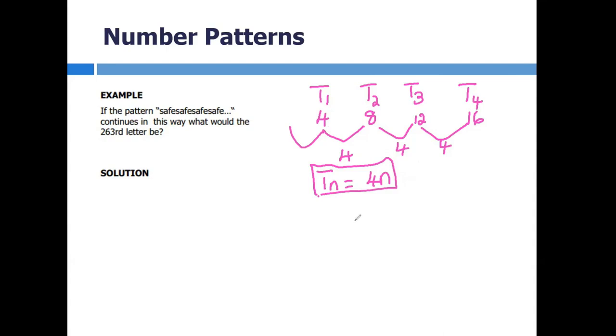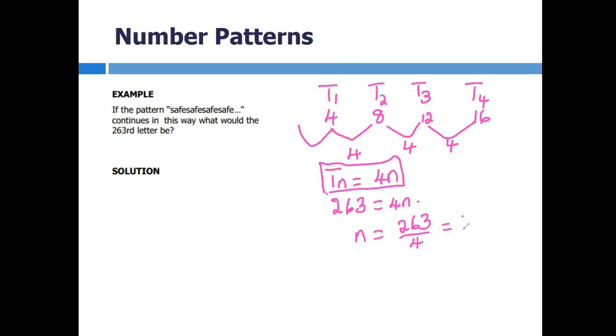Now that we have the general term, what do we do next? We are saying we want the 263rd. So in place of Tn, we put 263. 263 equal to 4n, giving 65.75. So then what does that mean?